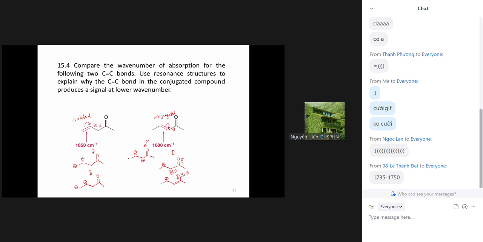First, you have to evaluate the contribution of each resonance structure to the real structure of the compound. So do you think that they are important or not important? They contribute much or little?